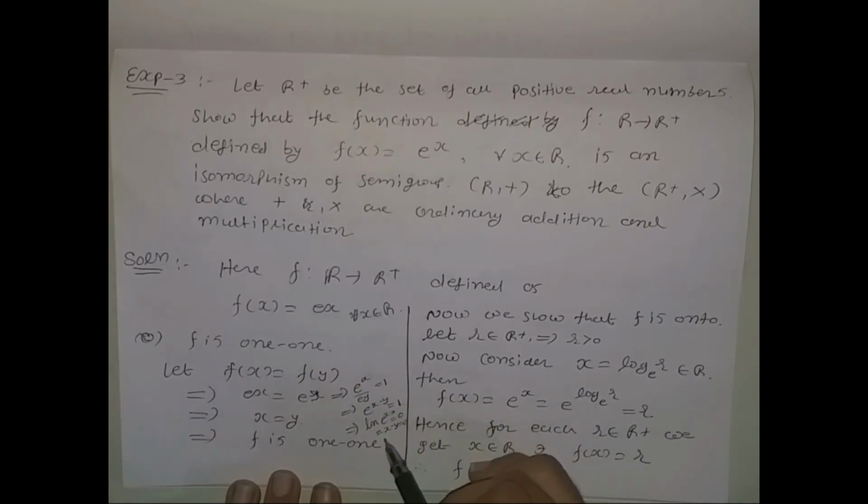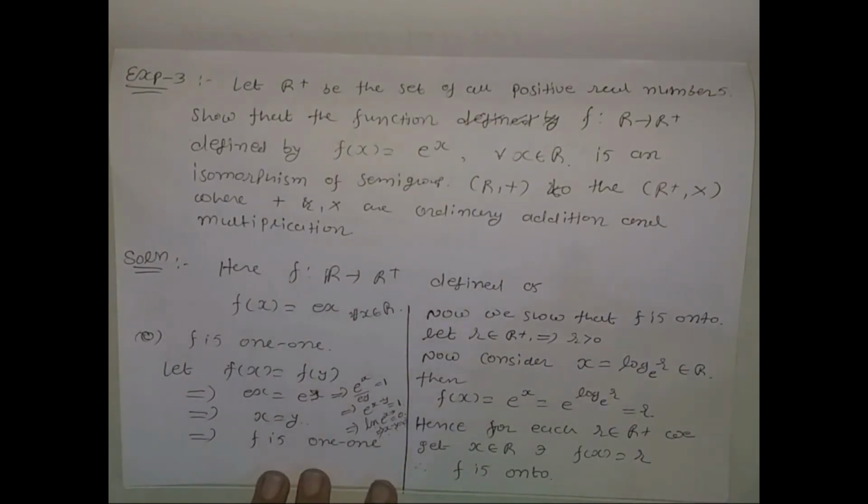Now apply the natural logarithm, ln e raised to x minus y is equal to ln 1, and ln 1 is equal to 0. So ln e raised to x minus y is x minus y, equal to 0. So x is equal to y. So f is 1-1.